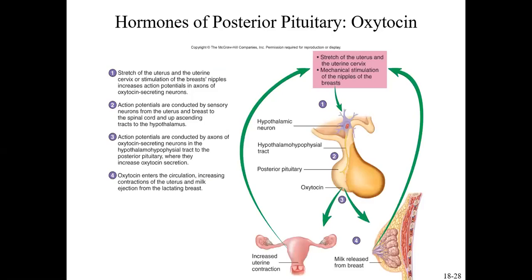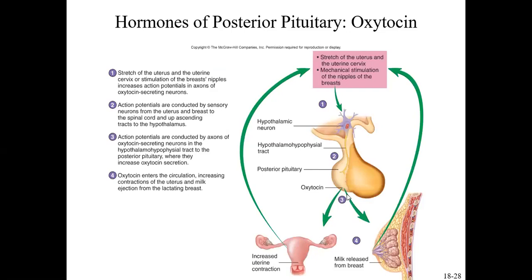The second main hormone from the posterior pituitary gland is oxytocin. Oxytocin is also a neurohormone. When it gets secreted, it mainly helps in uterine contractions, so it is mainly involved in the female reproductive system. You see here a picture of a uterus.